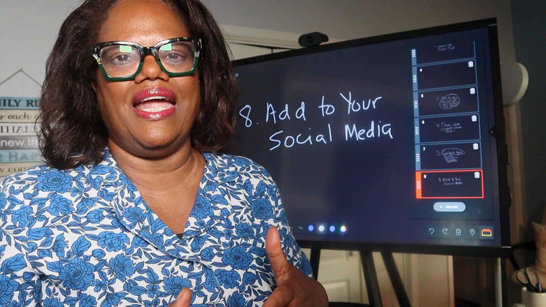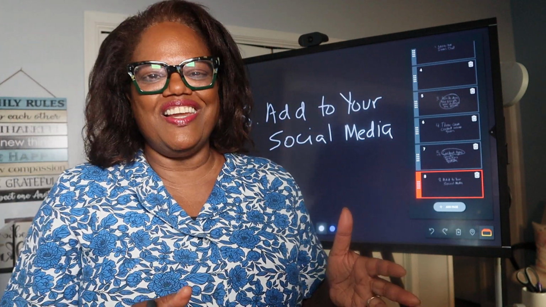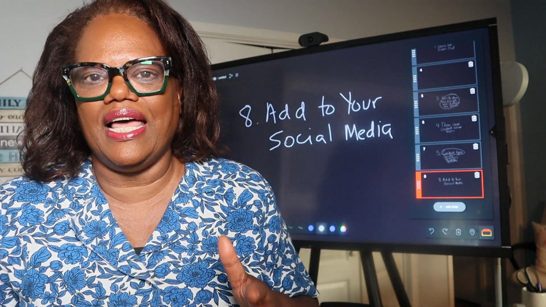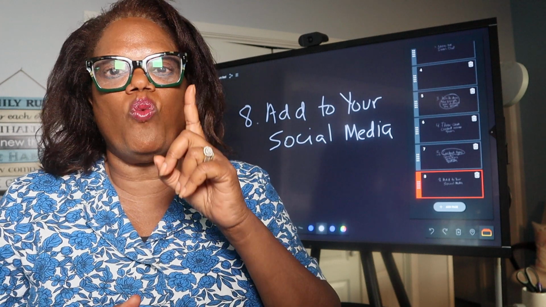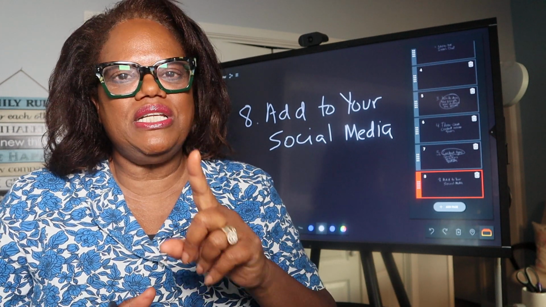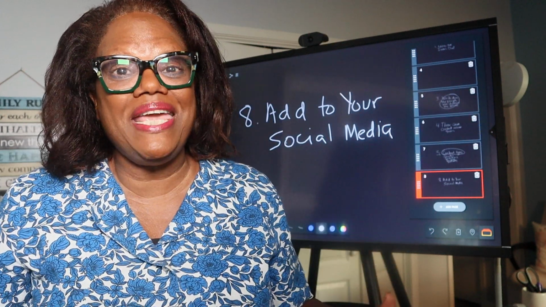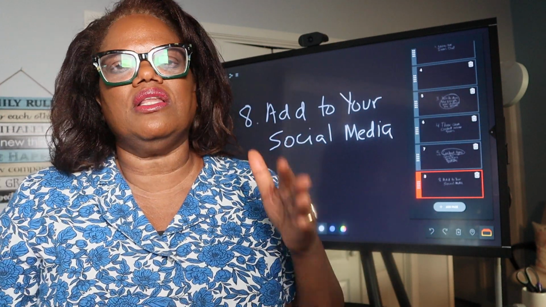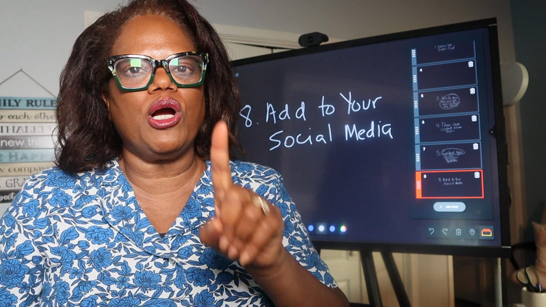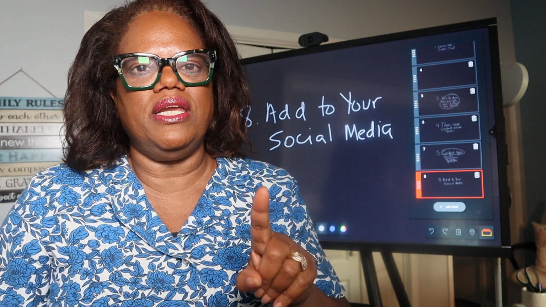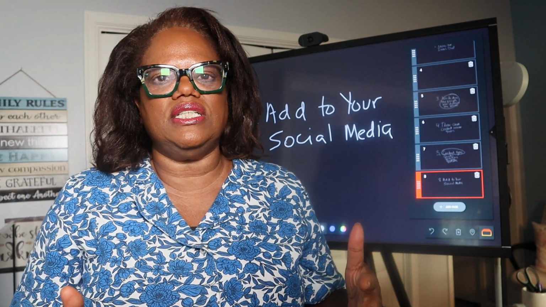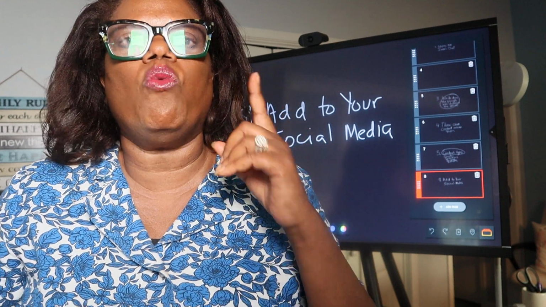And I like to say, once you know all of this about your ideal client, speak to that one person, because that one person represents the many, the clients you want, the leads you want. That one person represents the many. So once you start putting your content out there, you speak to that one person.